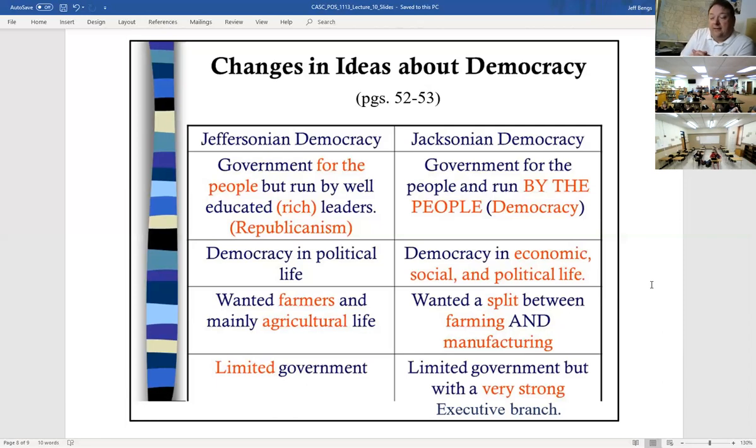You started having thoughts about regulating business, passing legislation so that businesses will give better wages. Now that really gets ratcheted up with Teddy Roosevelt, but you start having this idea of democracy for the people, not just politically, but economically, socially. We're talking about rights, things like that.